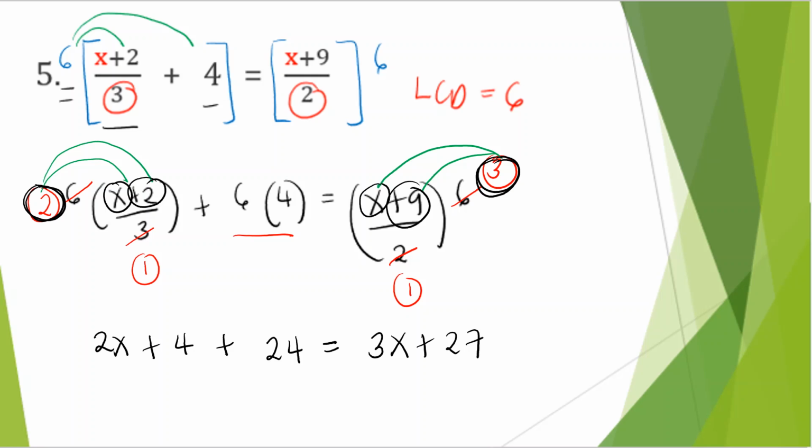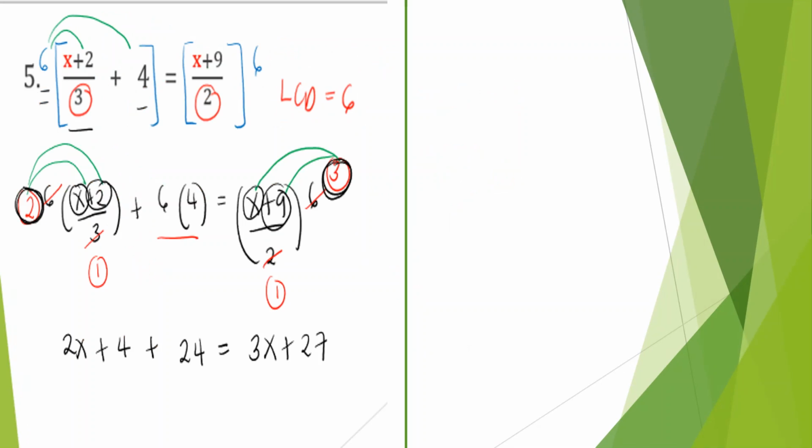The next step is to solve the equation. We can start by combining like terms, so we can combine positive 4 and positive 24. So this will become 2x plus 28, which is equal to 3x plus 27.